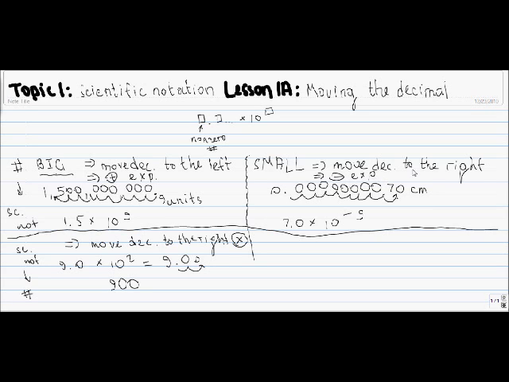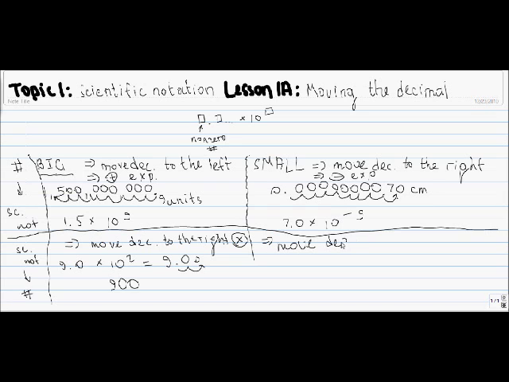But when you work on smaller numbers, what should be done is, notice when you went from a number to scientific notation, let me just select it as a table. We move the decimal to the right, but right now what we are going to do is move the decimal to the left.